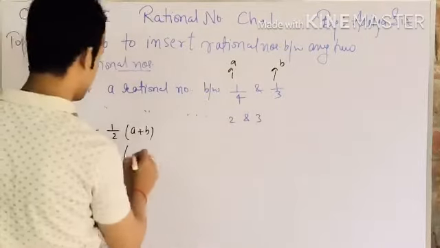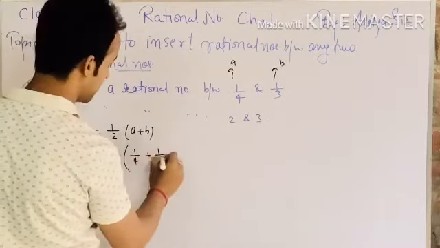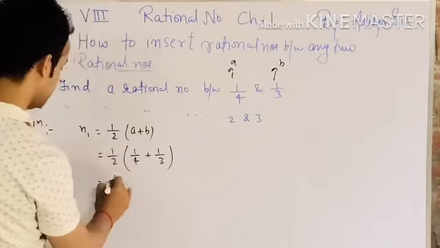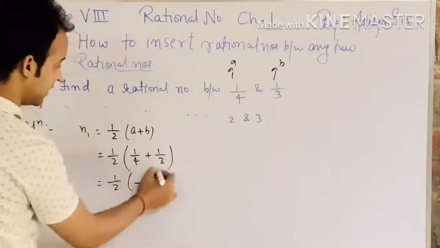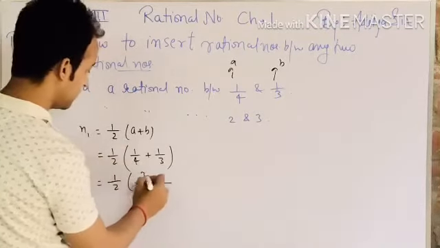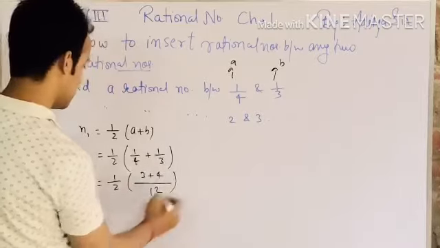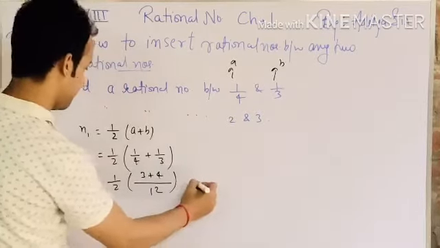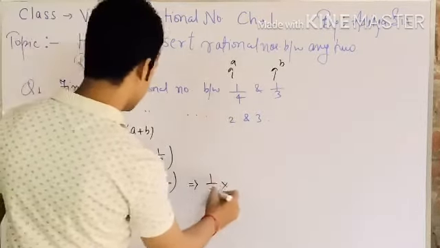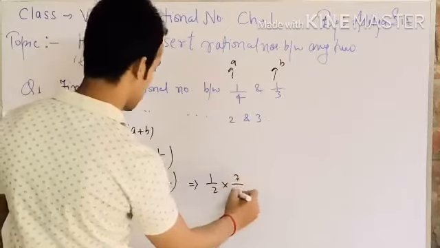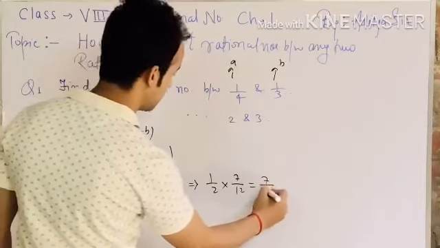Half of 1 by 4 plus 1 by 3. The LCM of 4 and 3 will be 12. So 3 plus 4 is 7 by 12, and half of that is 7 by 24.